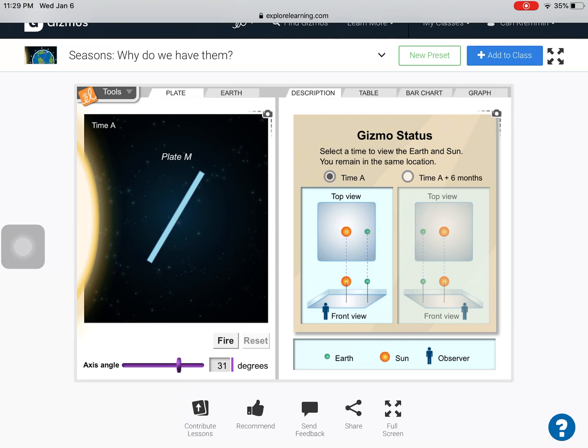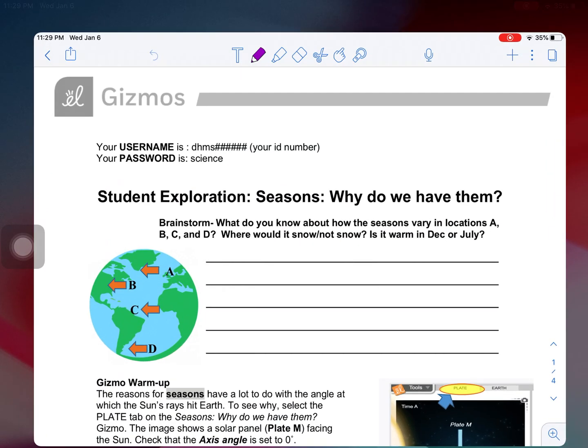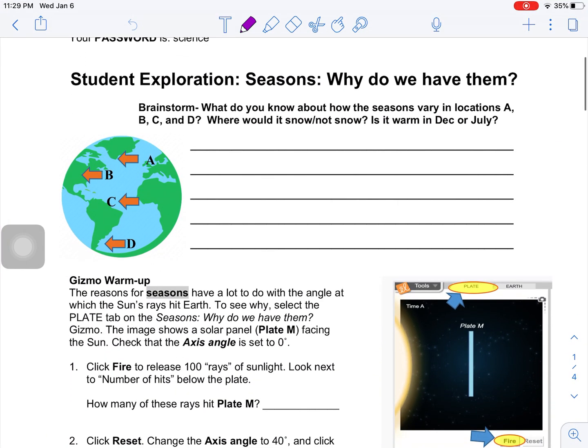Okay, so to go ahead and get started, if you want to walk through a bit of this with me. The first part here, you're going to brainstorm what you know about these locations. Letter A is mostly pointing to, let's say Greenland. If you don't know much about Greenland, you could scan anywhere else in the similar distance from the equator there.